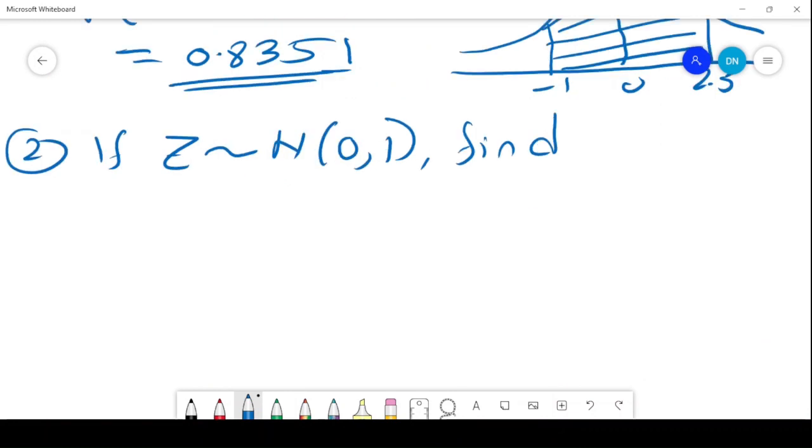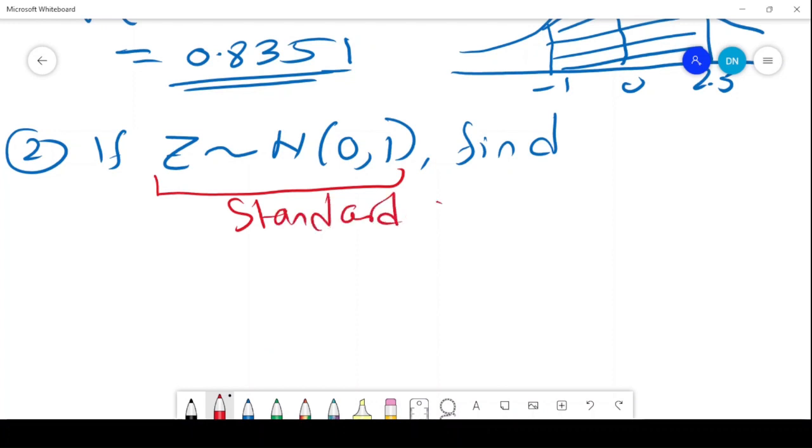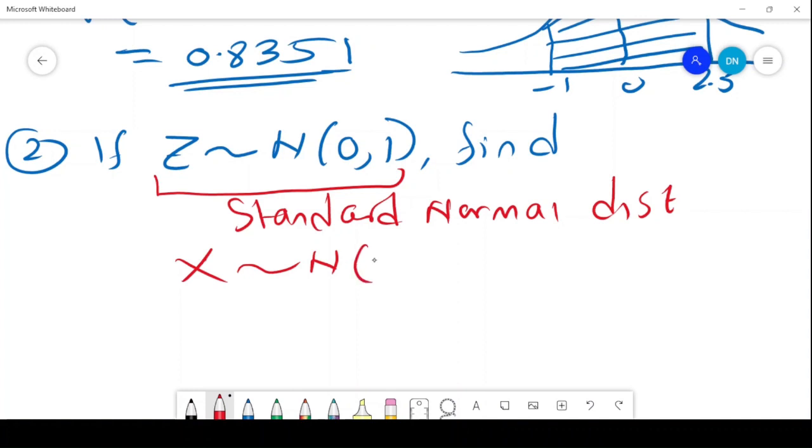For number 2, we are told that z is normally distributed with a mean of 0 and a standard deviation of 1, and we find a number of probabilities. This is what we call a standard normal distribution. If I had said x is N(mu, sigma), this is the normal distribution.